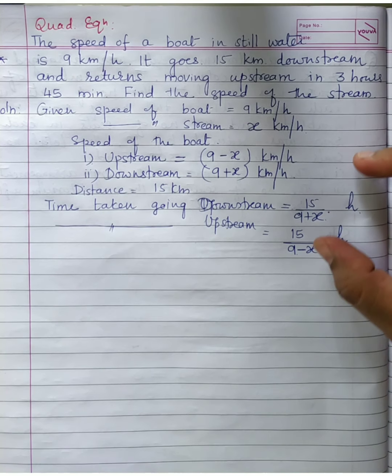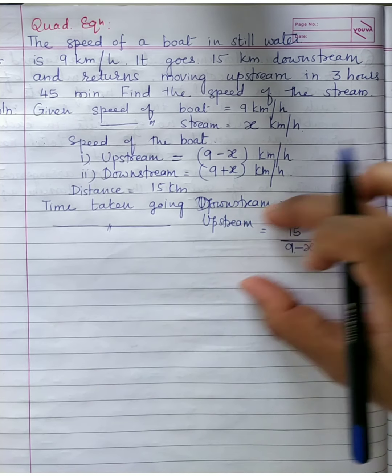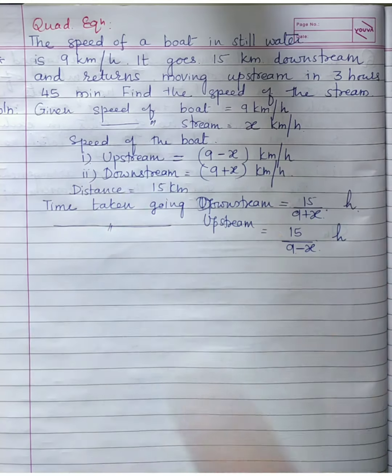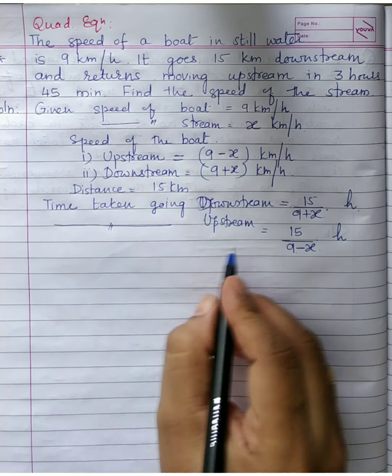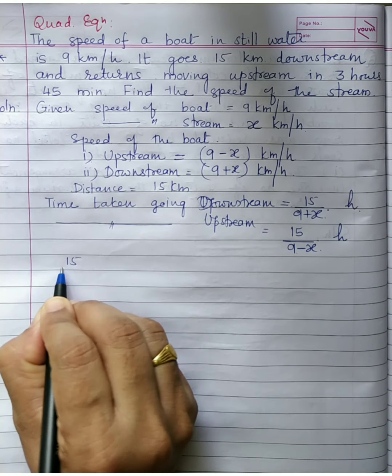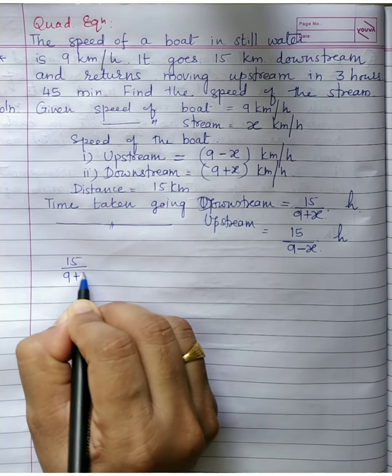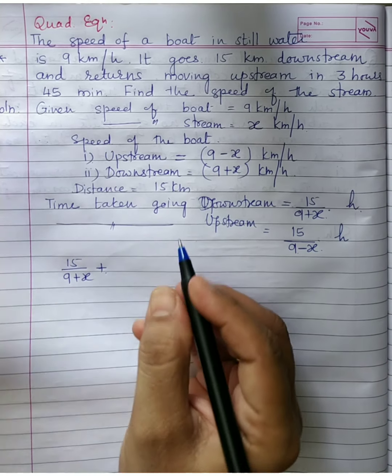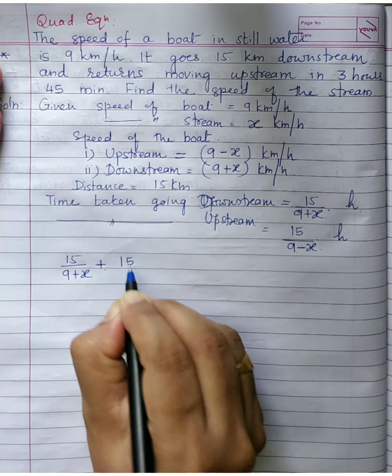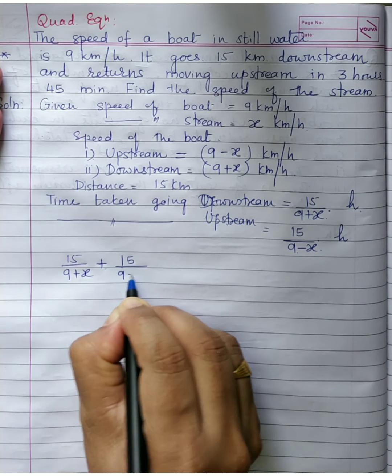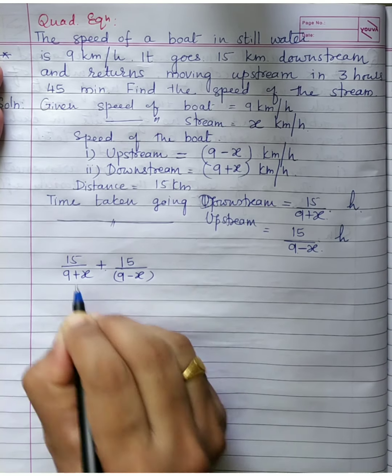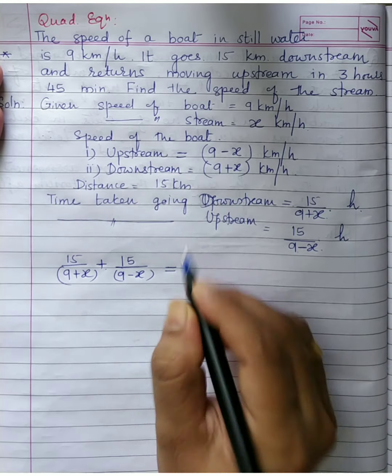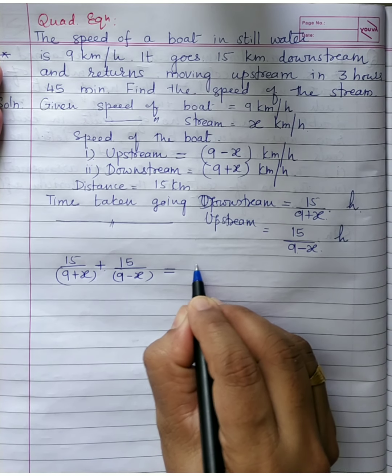Time going downstream and coming upstream together is 3 hours 45 minutes. So how do you get it? 15 upon 9 plus x plus 15 upon 9 minus x is equal to 3 hours and 45 minutes.